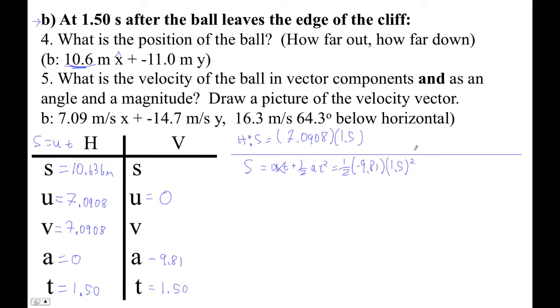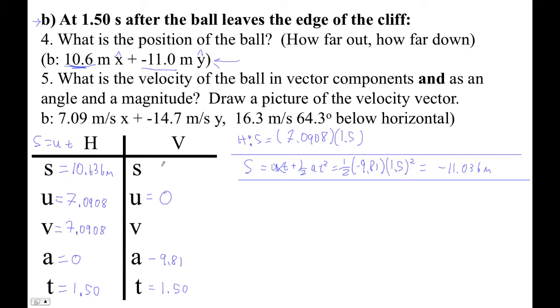All right, negative 11.036. So there it is right there, negative 11.0 meters in the y hat. And that's the way you should write it. Write it something meters x hat plus something meters y hat. If you say over and down that much, that's okay too. This is better though.